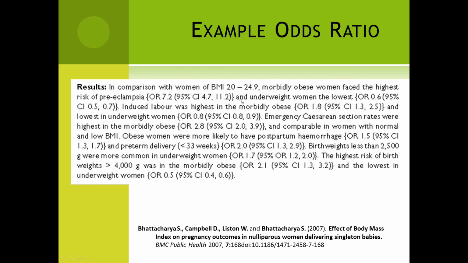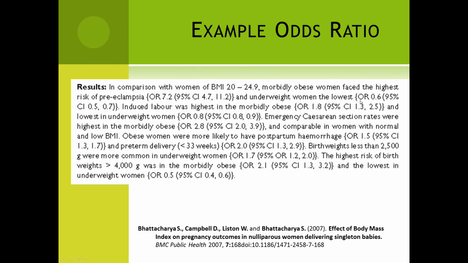Just keeping along that sentence, the underweight women had the lowest chance of preeclampsia. So their odds ratio, we can see it here, is 0.6. Remember, if it's less than 1, they have less chance of the outcome. So they have less chance of preeclampsia compared to women of a normal BMI.